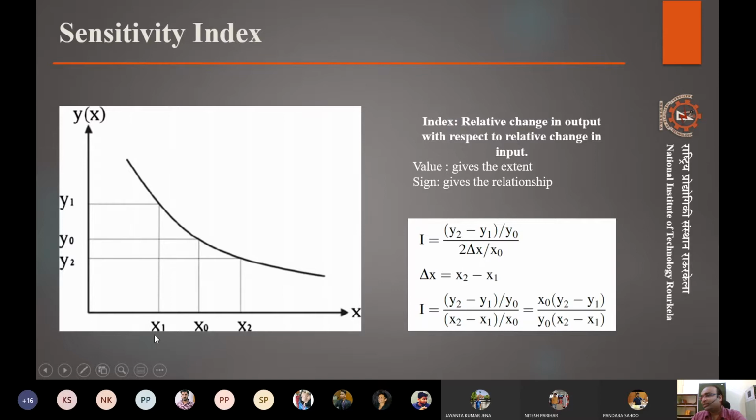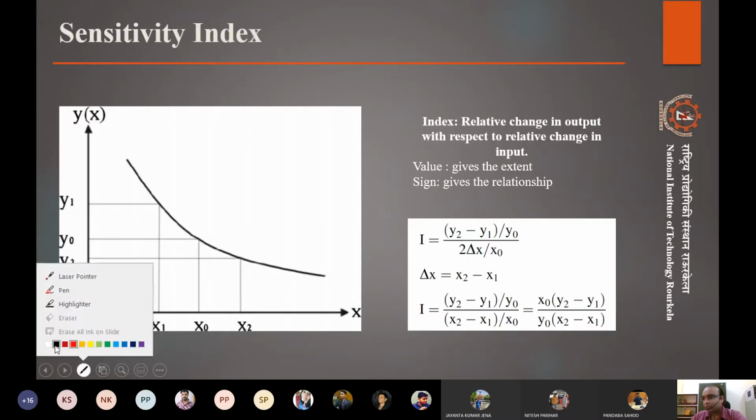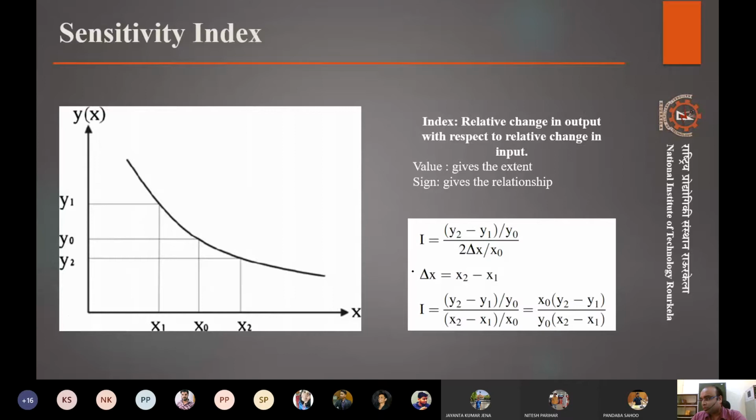Sorry, there should be a 2 here. I think that's 2 here. That's something wrong.